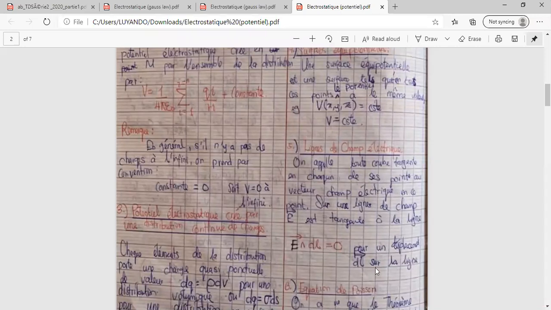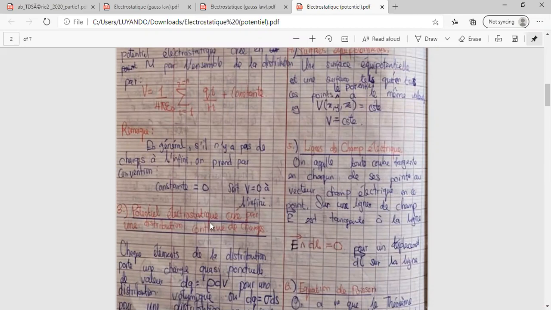Let me try to explain what they mean here. The electric field is going to be equal to 0, and the electric field times the vectorial dl is going to be equal to 0.